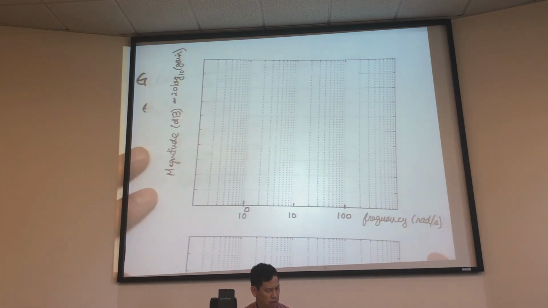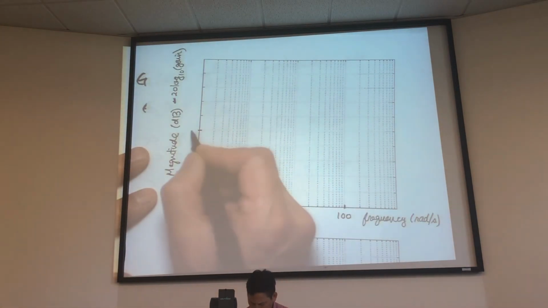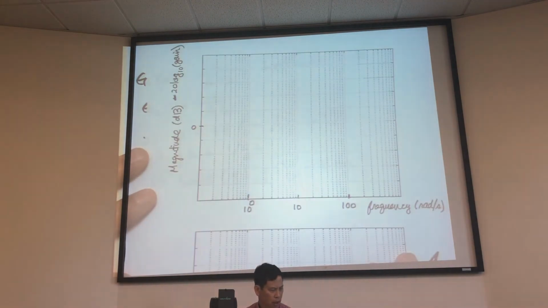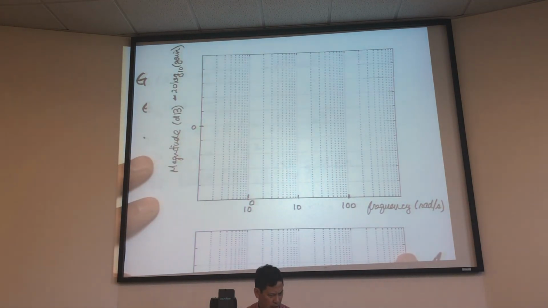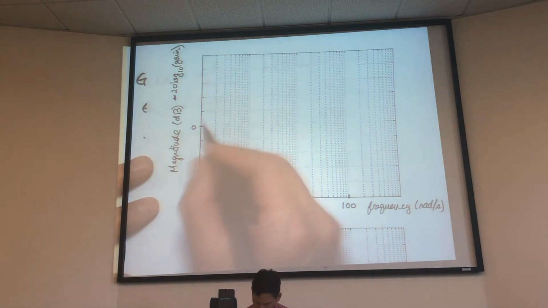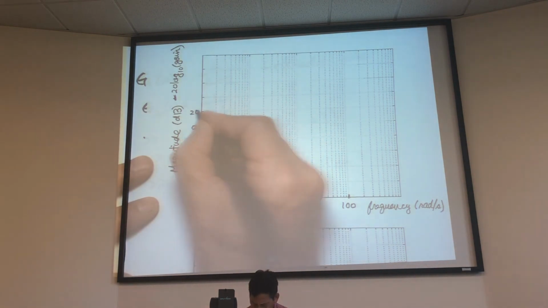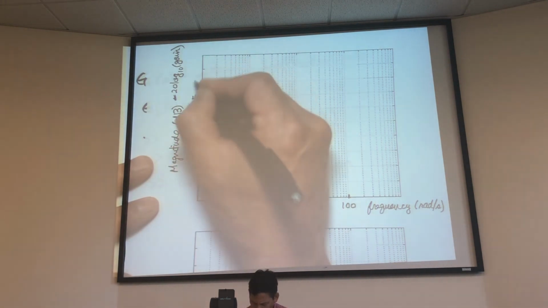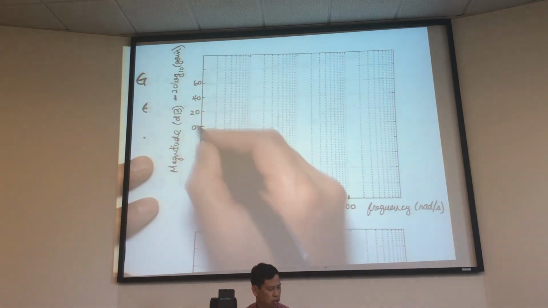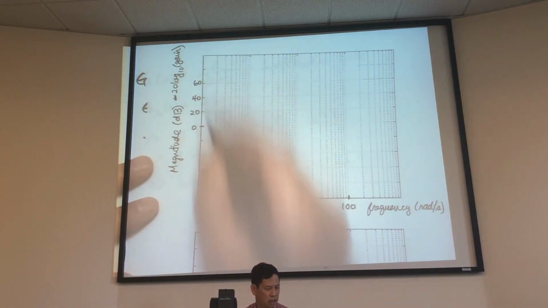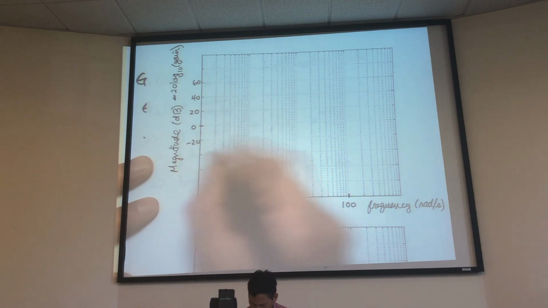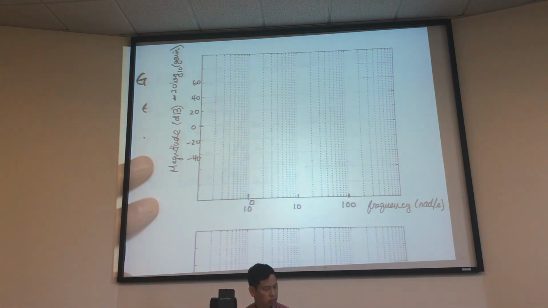For the sake of discussion today, let's put 0 right about here. And I'm going to put plus 20, plus 40, plus 60, like this. These are the units: 20 dB, 40 dB, 60 dB. This is minus 20, minus 40.